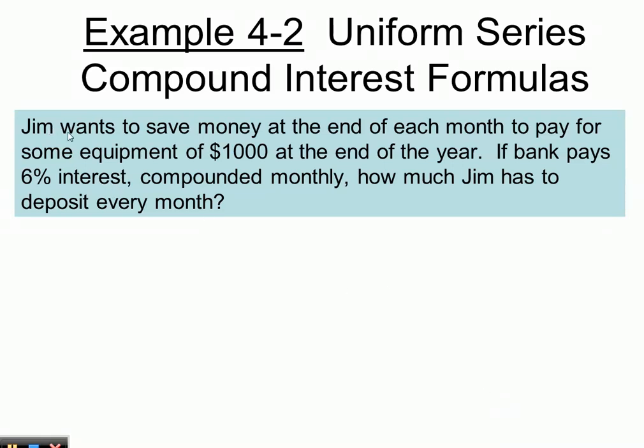It says we need to find how much Jim deposits every month, so we want to find a uniform series amount. Do we know F? Yes. It says Jim wants to save money at the end of each month to pay for some equipment. $1,000 will be paid at the end of the year. So $1,000 will come at the very end there.